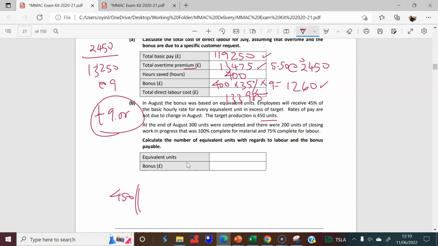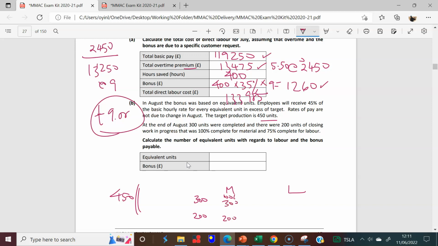But at the end of August, in terms of materials, you are 100% complete. You have 300 units that are fully complete, and you have 200 units that are partially complete, so work in progress. If you remember, we split them into material and labor. So we know that they are both 100% complete for material.